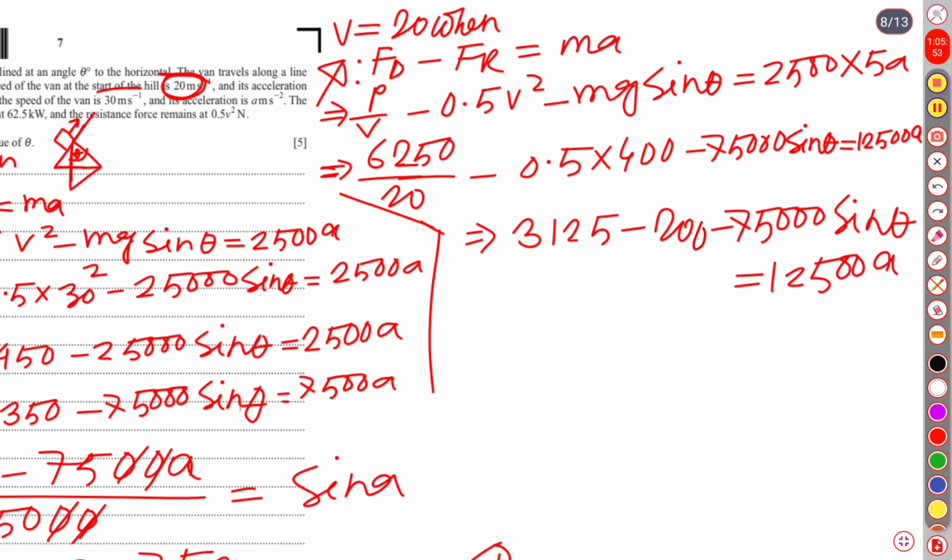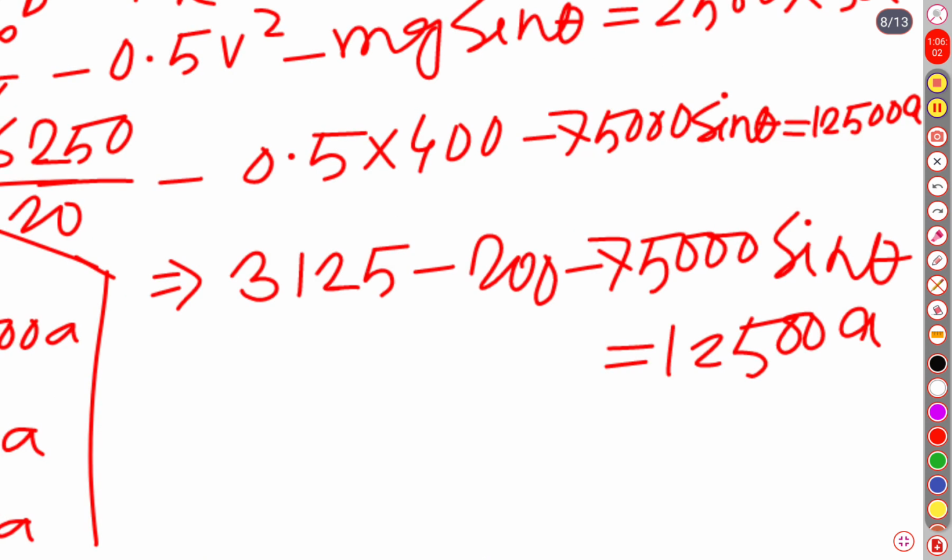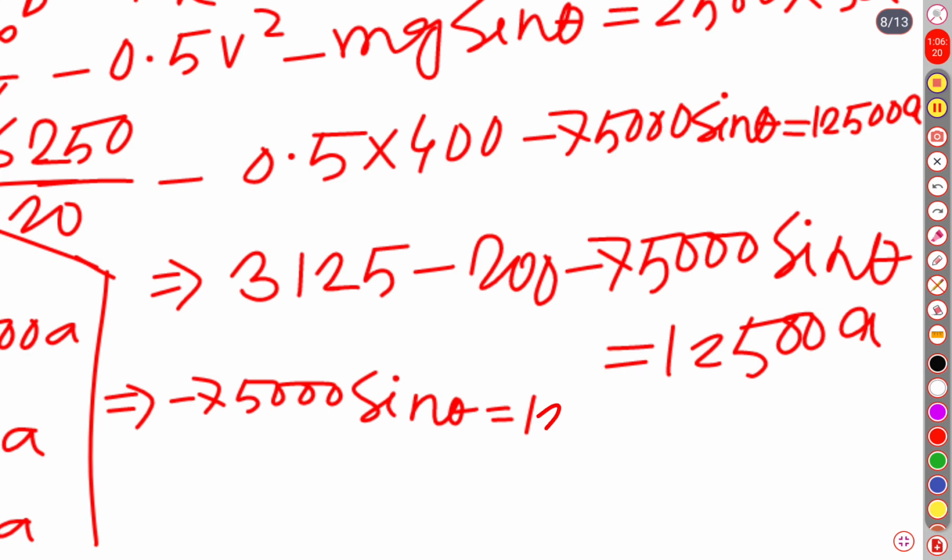It is 200 not 20. If we look at these quantities, every quantity is divisible by 5. Now if we isolate, negative 75,000 sin theta is equal to 12500 acceleration, and from the left side if we transpose, it is 3125 minus 200, so 2925.